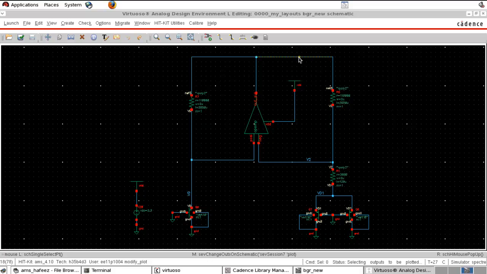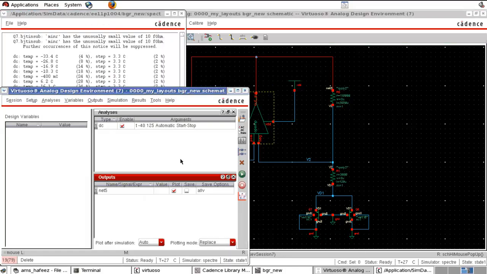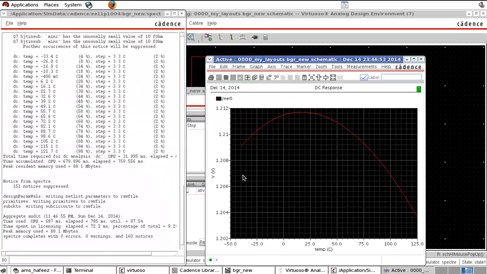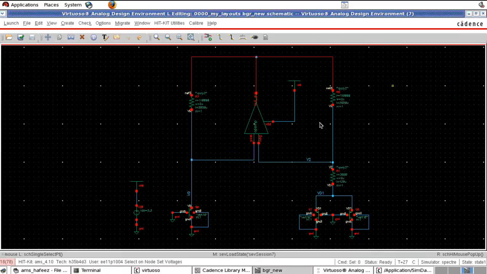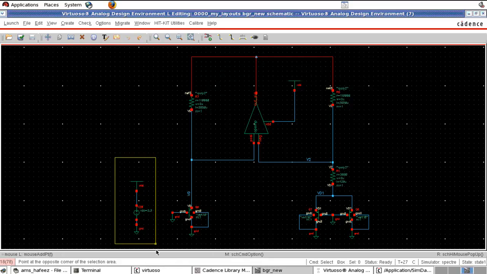So here this is the reference voltage. Let us run the simulation, and we got the reference voltage near 1.2 volt, and I'm not doing the fine tuning. We already simulated the bandgap reference. What we are interested in is the startup circuit.